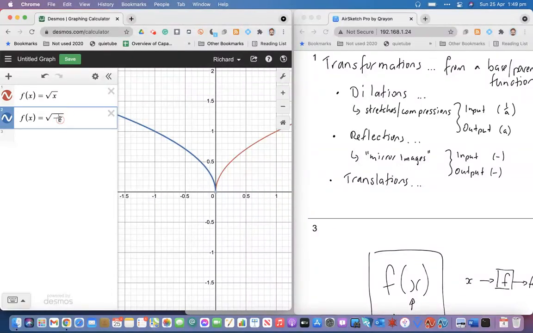So that's the effect, and we say that's a reflection. For the inputs, we say if the input has been made negative, it is reflected about the y-axis, because it's affecting the x values, but the result is that it's reflected about the y-axis.